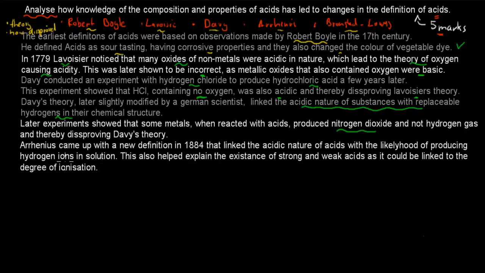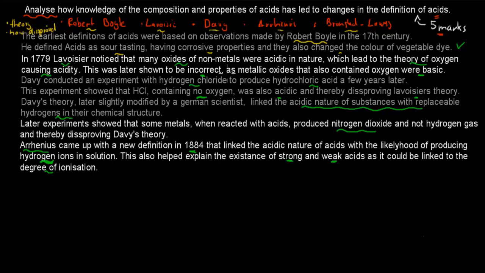Then the next person came up with a new definition: Arrhenius, in 1884. It's probably good to remember those rough dates as well. He linked the acidic nature of acids with the likelihood of producing hydrogen ions in solution. So here we have the hydrogen ion theory of acids. This also helped explain the existence of strong and weak acids, which was new for his definition, as it could be linked to the degree of ionization of the acid itself.